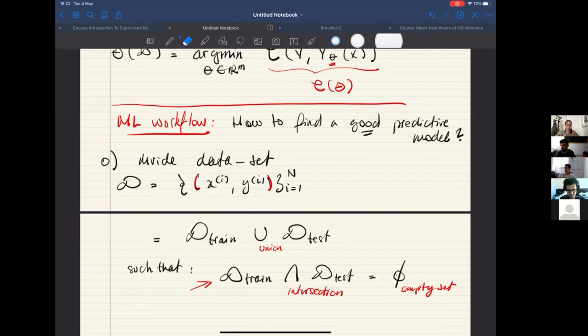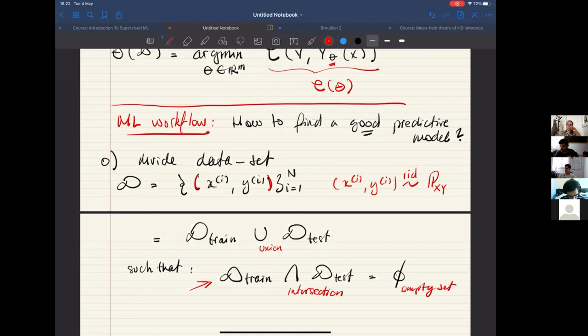Of course, all the data that you have access to here, we always assume in machine learning, that's the basic assumption, that all these pairs of inputs and outputs are drawn independently and identically. This is what IID means, independently and identically distributed according to some joint probability distribution that we'll call PXY.